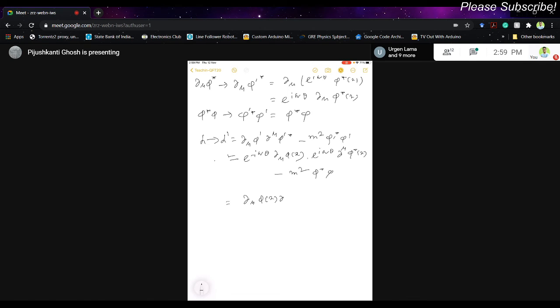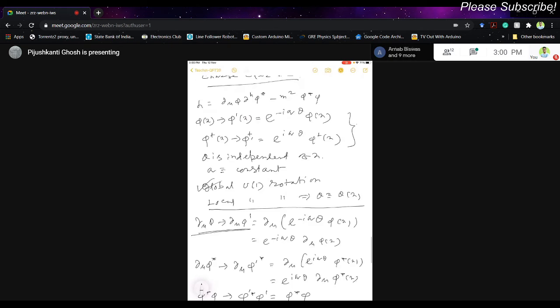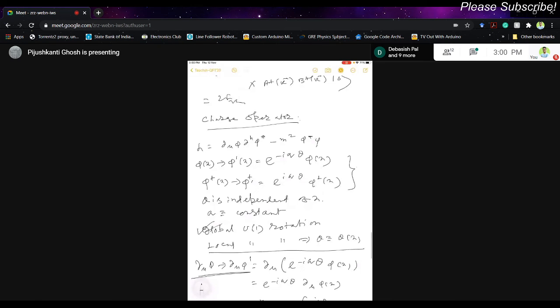Okay, so we see that under this transformation, global U(1) rotation, where phi goes to phi prime, is equal to e to the power minus i q theta phi x, where q and theta are constants.